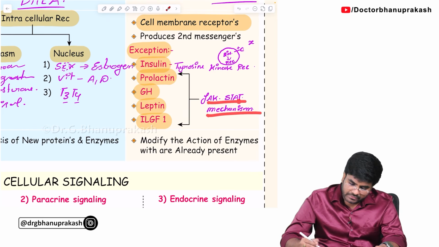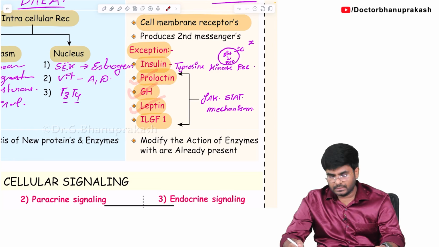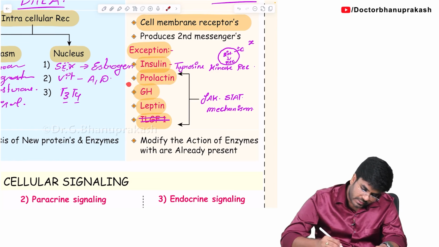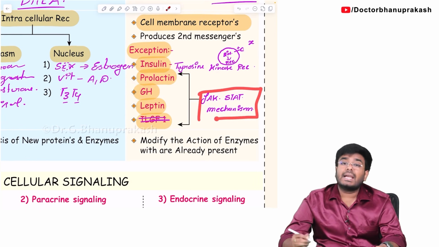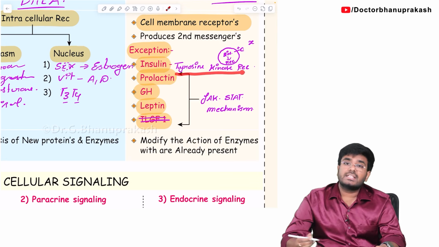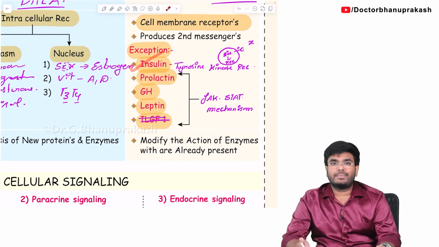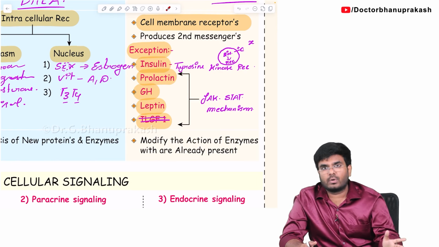The JAK-STAT pathway is used by prolactin, growth hormone, leptin. I don't want insulin-like growth factor here. So these are the three important ones: prolactin, growth hormone, leptin, they all act via the JAK-STAT pathway. The tyrosine kinase mechanism is used by which water-soluble hormones? Hormones like insulin and growth factors, like platelet-derived growth factor and vascular endothelial growth factor.